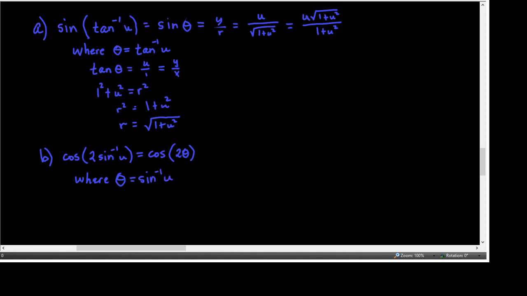Writing that equation without the inverse trig function, sine of theta is u, which I'll make u over 1, and sine of theta is y over r. So x squared plus y squared, so u squared, equals r squared.